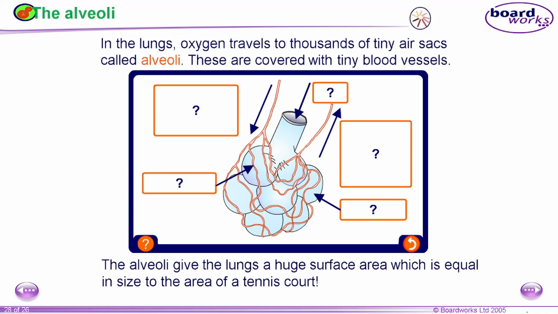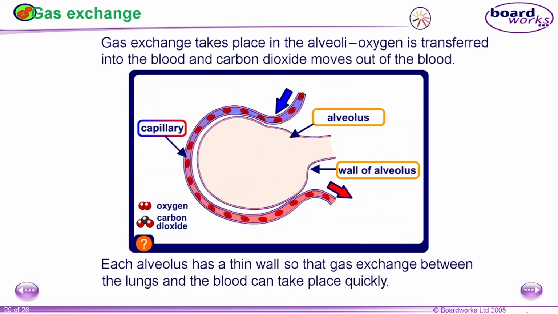Have a go at labeling this diagram. If possible, make sure to print this out and have a go. So, gas exchange takes place in the alveoli. Oxygen is transferred into the blood and carbon dioxide moves out of the blood. Capillary, alveolus, wall of alveolus.